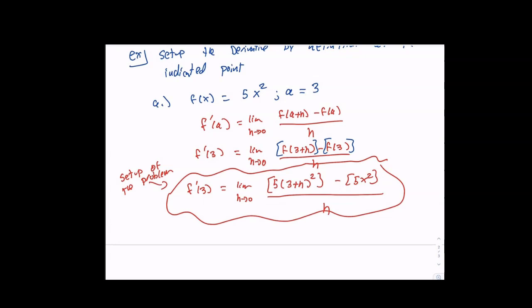I did make a mistake. I got to replace that x with 3. Sorry about that. It's 5 times 3 squared. Every a gets replaced with 3. This is what you write, and if you got this right here and you write that as your answer, that's what Delta Math is going to be looking for in those first 2 sets of problems where it says write the derivative and you do not need to simplify your answers.